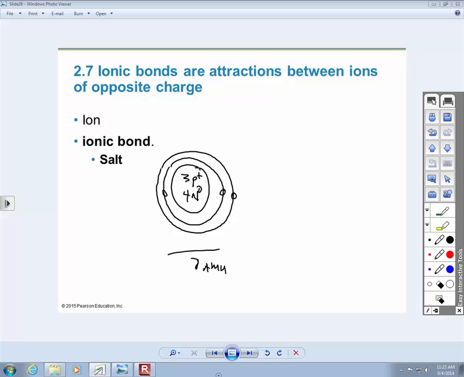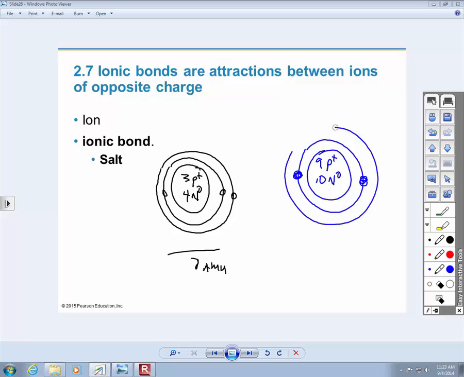Now, what I'm going to do is bond that with fluorine. So fluorine, group 7A, period 2. Fluorine has 9 protons, 10 neutrons. So I have 9 electrons. It gives me 2 for the first shell, and that would give me 7 for the second shell.